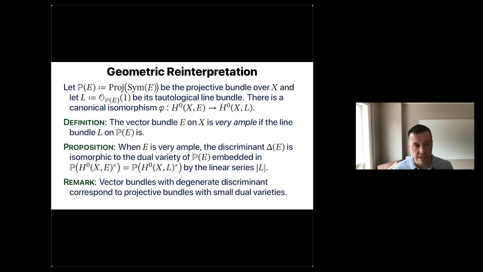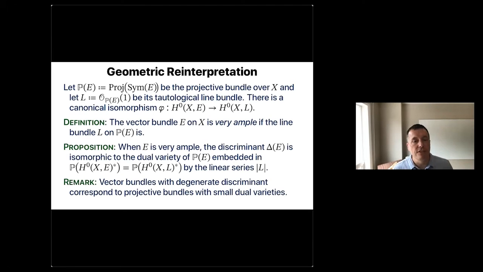So in particular, the now standard definition, I think originally due to Robin Hartshorne, is that we say the vector bundle E on X is very ample if the line bundle L on P of E is very ample. So we transfer our notion of very ampleness from line bundles, which we understand, to vector bundles using this construction.